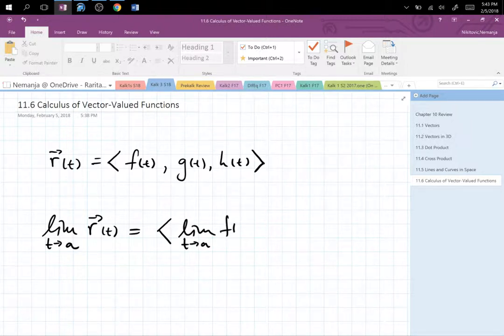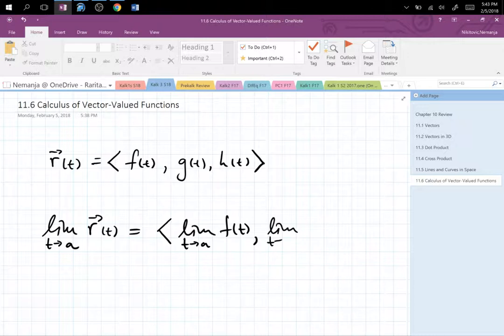So it's just done term-wise, as I said. So you will apply limit to f, and then separately limit to g, and separately limit to h. And you will do the same thing with derivatives and integrals and call it a day.